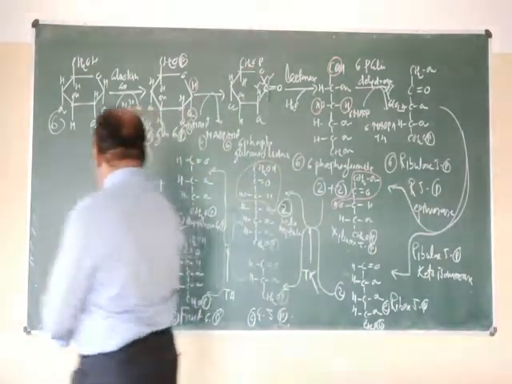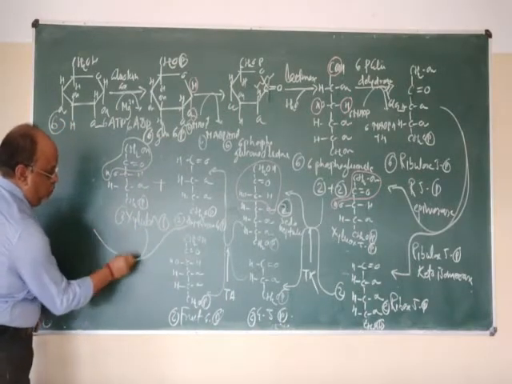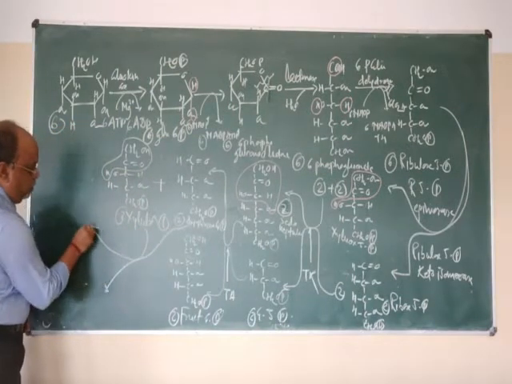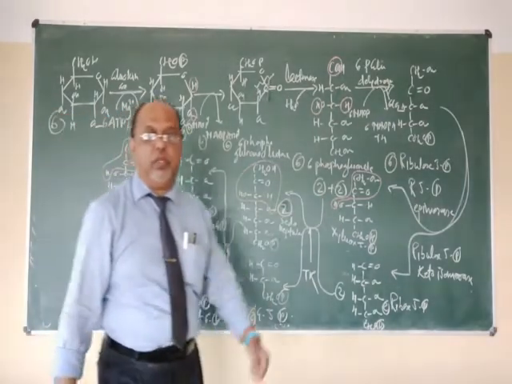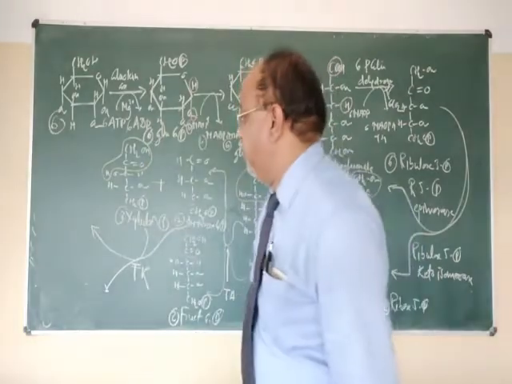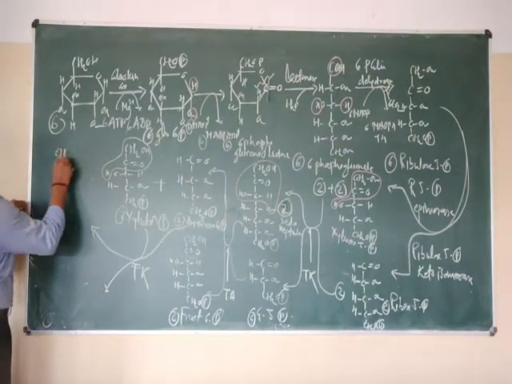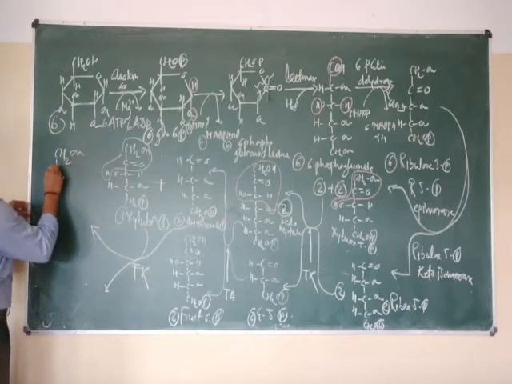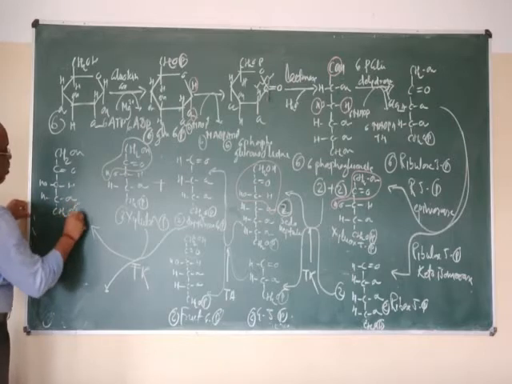What is the enzyme? It is transketolase. So it forms another molecule of fructose 6-phosphate: CH2OH, C double bond O, OH, CH, HCOH, and CH2OP.